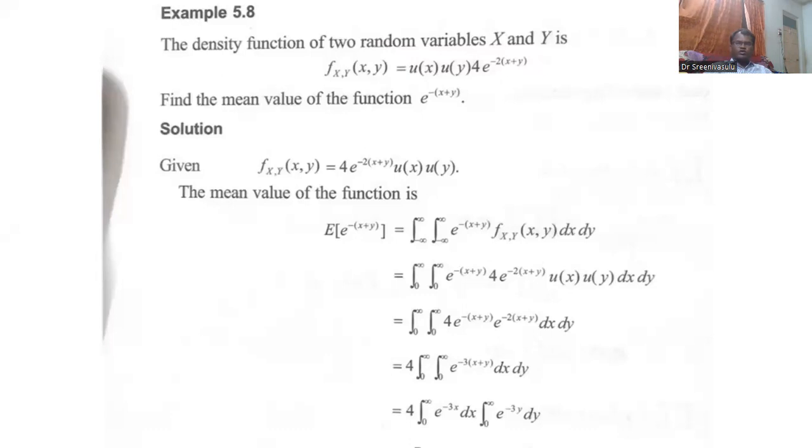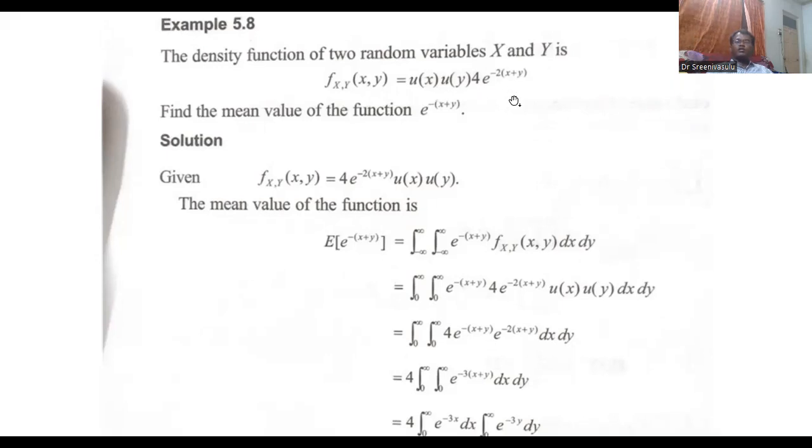Today, we are going to discuss problems on multiple random variables. You see this problem: the joint density function of two random variables x and y is given by f_XY(x, y) = u(x) u(y) 4 e^(-(2x + 2y)).